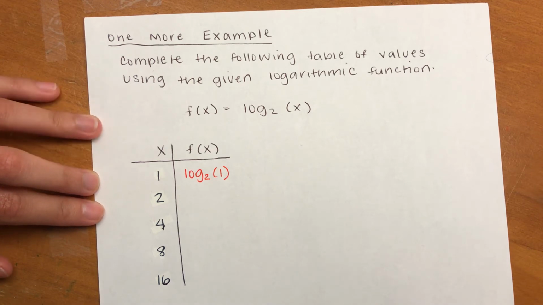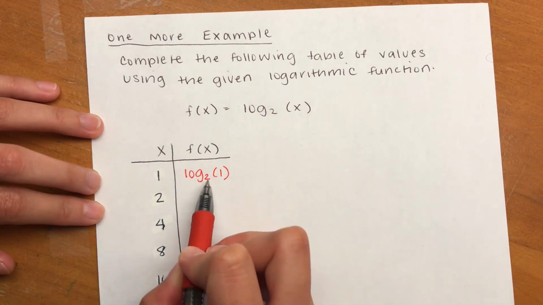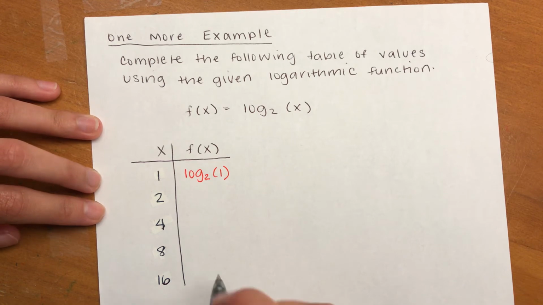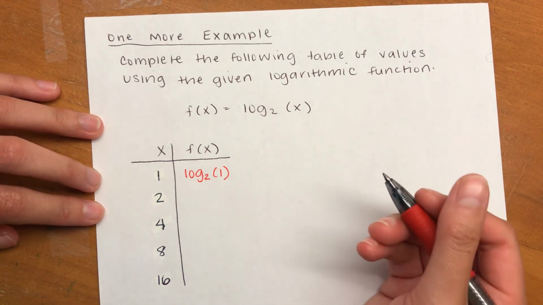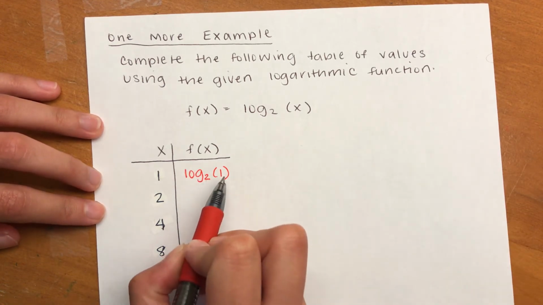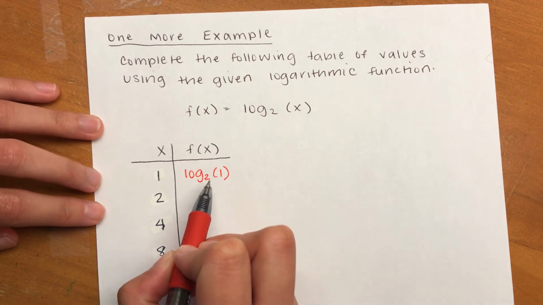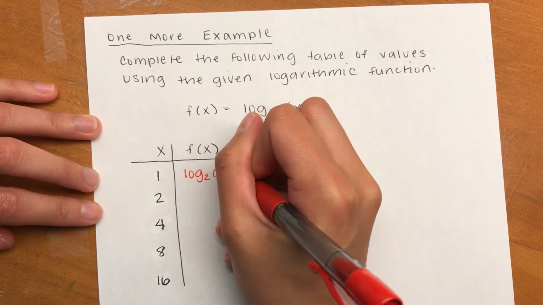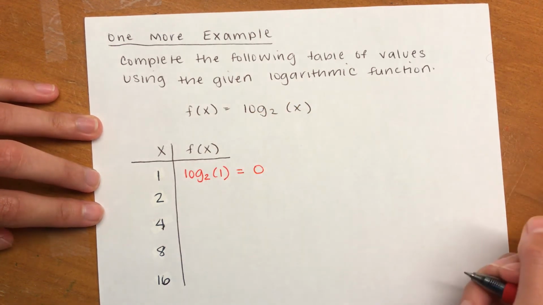Now I need to compute that. So I want to know 2 to what power equals 1. From my earlier example, we know that if we have a 1 here, then we need an exponent. 2 to what power? 2 to the 0th power equals 1.